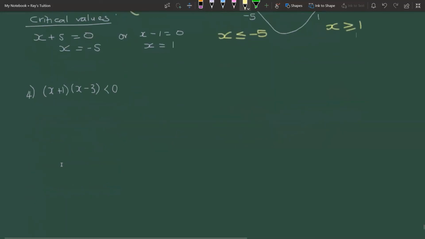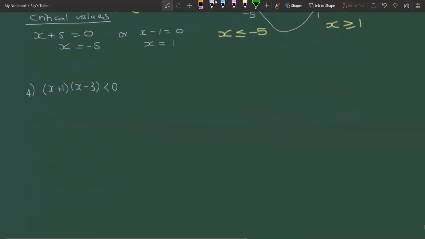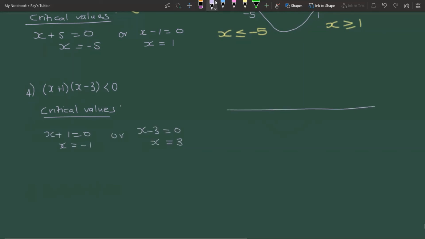Okay, let's do the last one. This one is already factorized for us, so we can go straight to getting our critical values. x plus 1 is equal to 0, so x is equal to -1, or x minus 3 is equal to 0, so x is equal to 3. So again, a positive parabola through our critical values, -1 and 3.